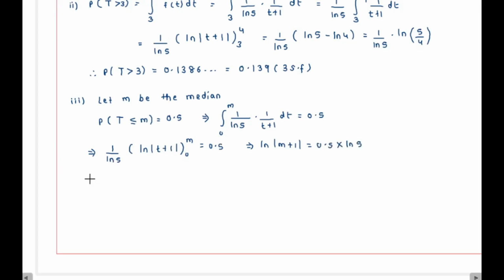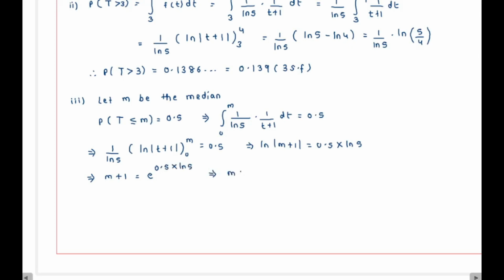So this means if I take the anti-log here, M plus 1 will be equal to e raised to 0.5 into ln 5, correct?